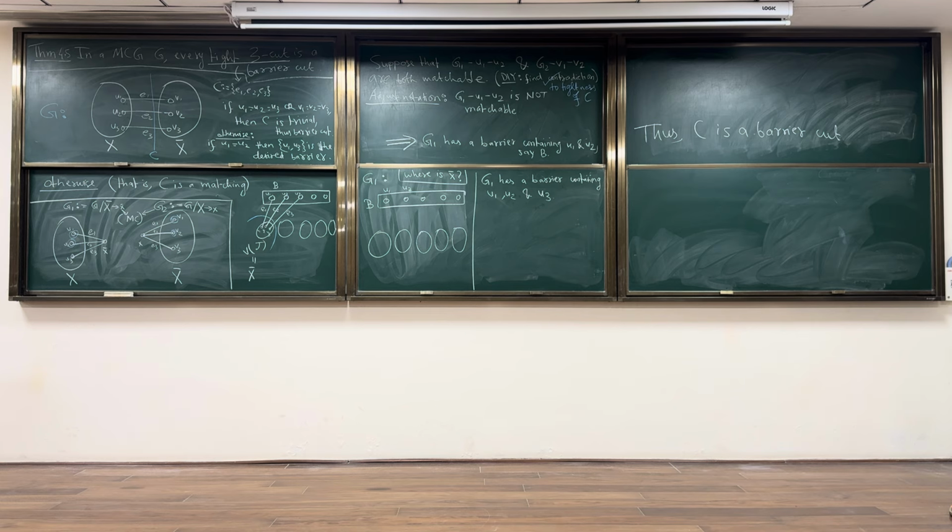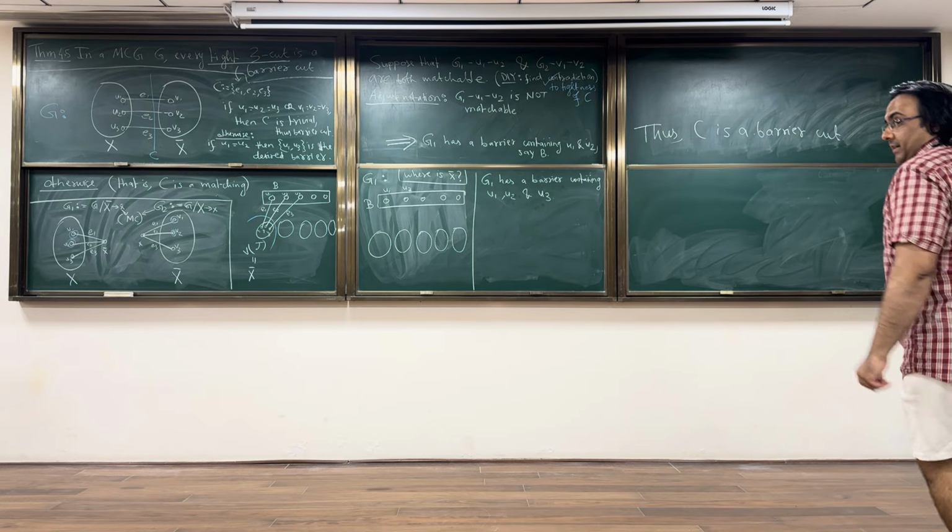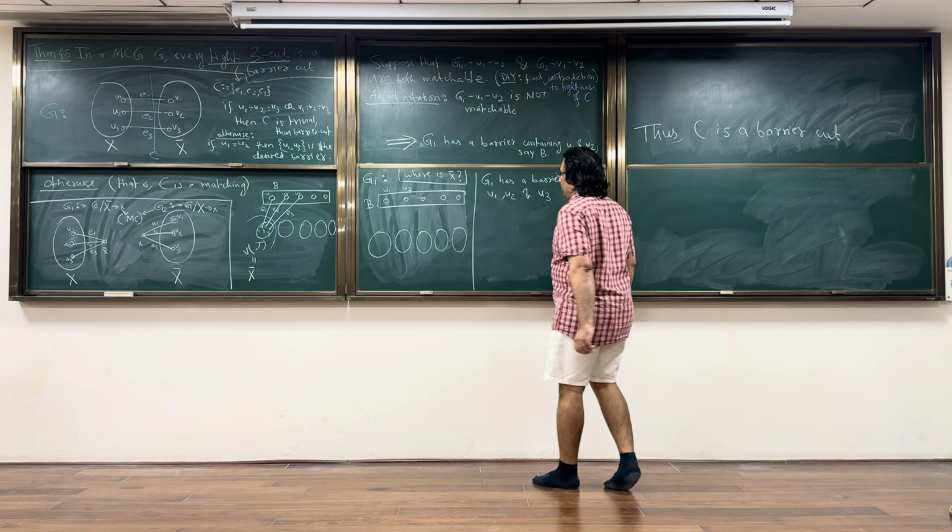Okay? Barrier is stable, right? Everybody agrees barrier is stable. So since every barrier is stable, X bar cannot be in the barrier. X bar must be in one of the odd components.